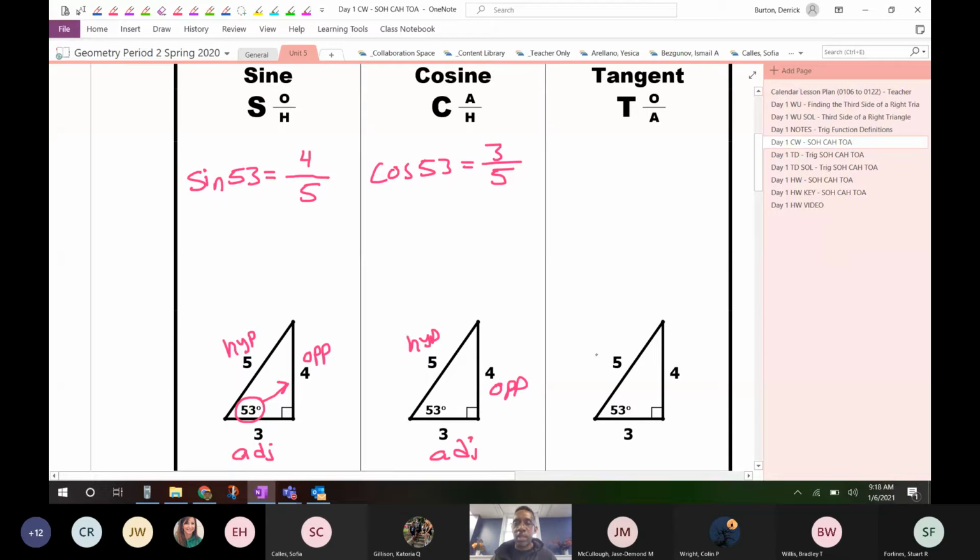Again, hypotenuse, opposite, adjacent. But tangent of 53 is opposite over adjacent, so that'll be 4 over 3. So that's how we set these up.